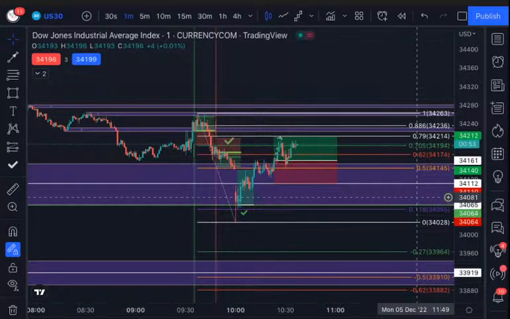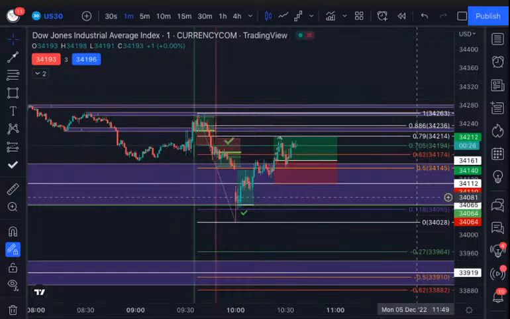Remember I was telling you before how sometimes price breaks the 50, retraces off the 50 and pushes in the opposite direction or continues in that direction, right? You see how it came down and wicked right off of the 50.